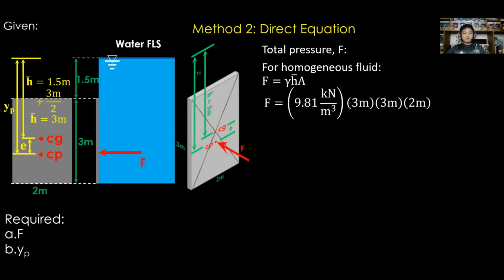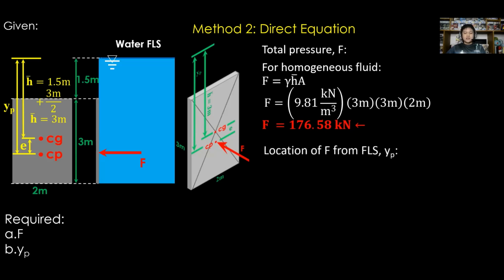So from CG to the top of the surface, that is 3 meters divided by 2, which is 1.5, plus the remaining 1.5 from the top edge of the surface towards the free liquid surface. Therefore, h bar is equal to 3 meters. Then multiply by the area of the surface, that is with base 2 meters times the height, that is 3 meters. Thus, F is equal to 176.58 kilonewtons, that is towards the surface.